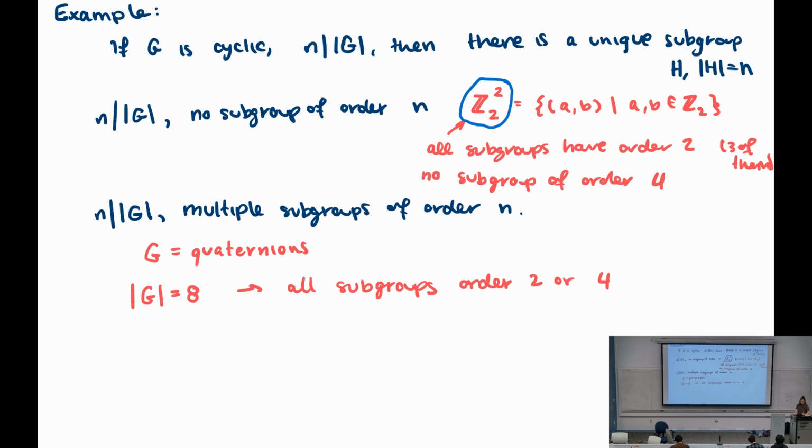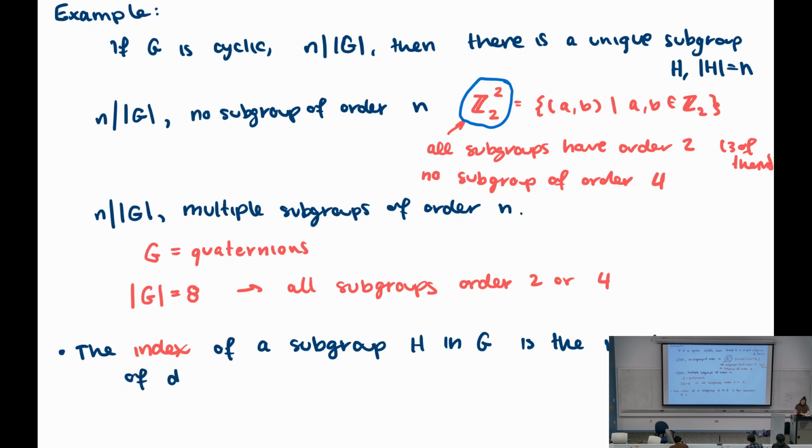So the first thing, and this is just a piece of vocabulary that comes up sometimes: the index of a subgroup H in G is the number of distinct left cosets.